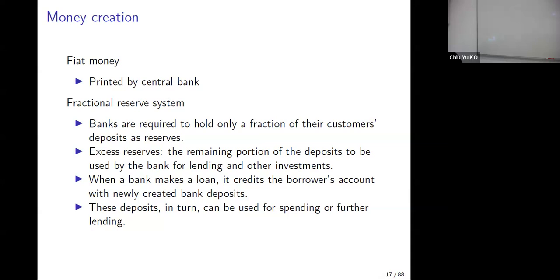Because the way we define money includes deposits or checking accounts, okay? So when we have the fractional reserve system, I think everyone knows it, if you put money in the bank, they don't have to keep all the money in the safe. They can lend some money out, a fraction of that. They keep the fraction, and some money goes out, okay? And that's the new money created, right?